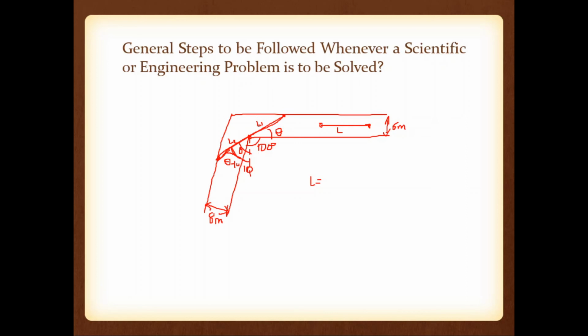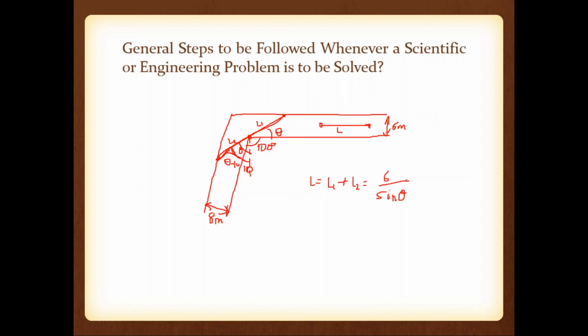So 6 divided by L1 is sin theta, am I correct? L is equal to L1 plus L2, so L1 is equal to 6 divided by sin theta.